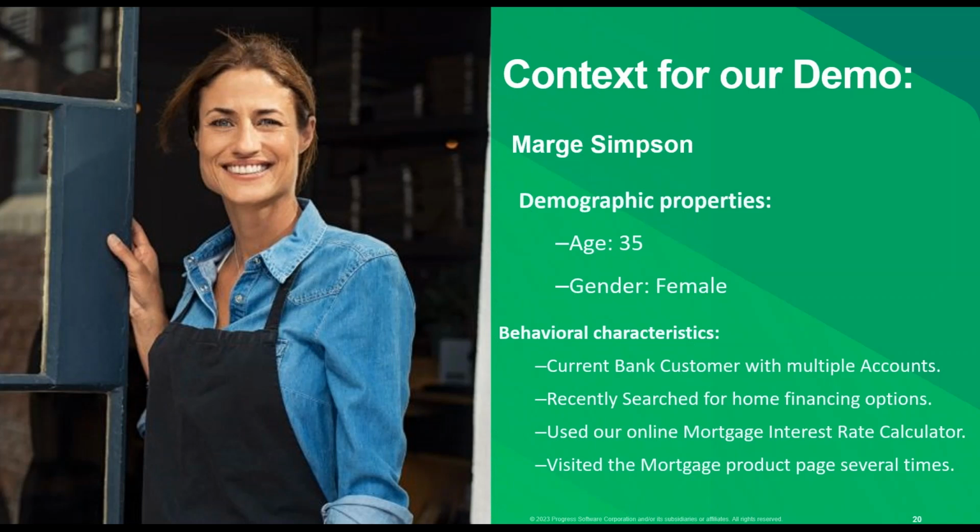She has multiple accounts. And she's recently been searching for home financing options. She's used the Coriander Lane Bank online mortgage rate calculator, and she has visited the mortgage product page several times. So these are some interactions that we've been tracking about Marge, and we're going to look at how we are able to upload that information in a number of ways, but we actually have the ability to look at a CSV file to kind of see that activity stream and how we can upload that. So let's go ahead and get into the demo.